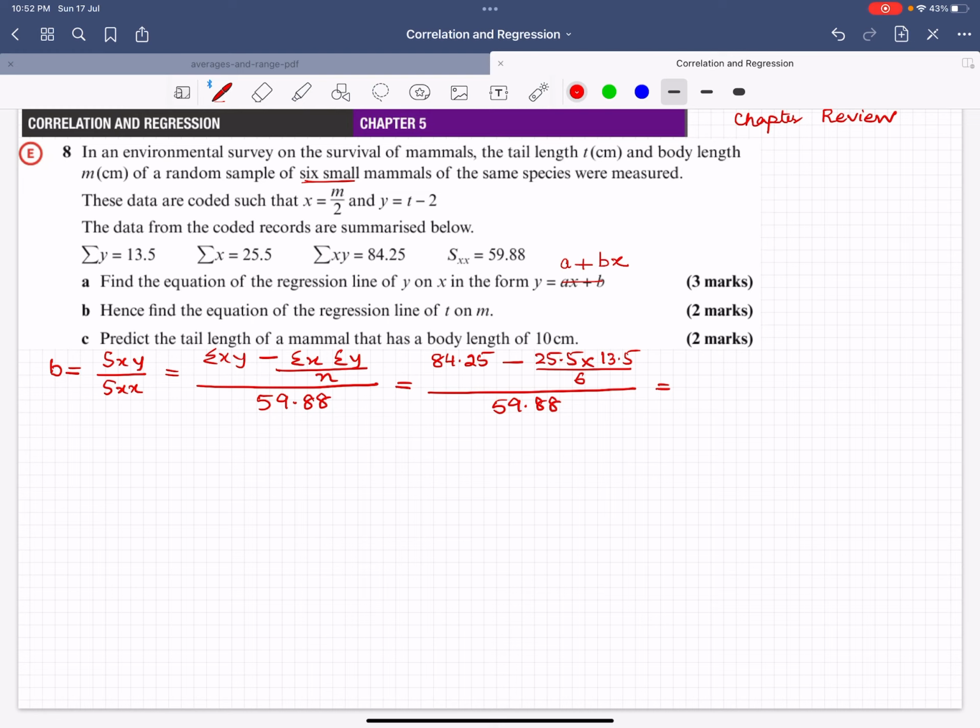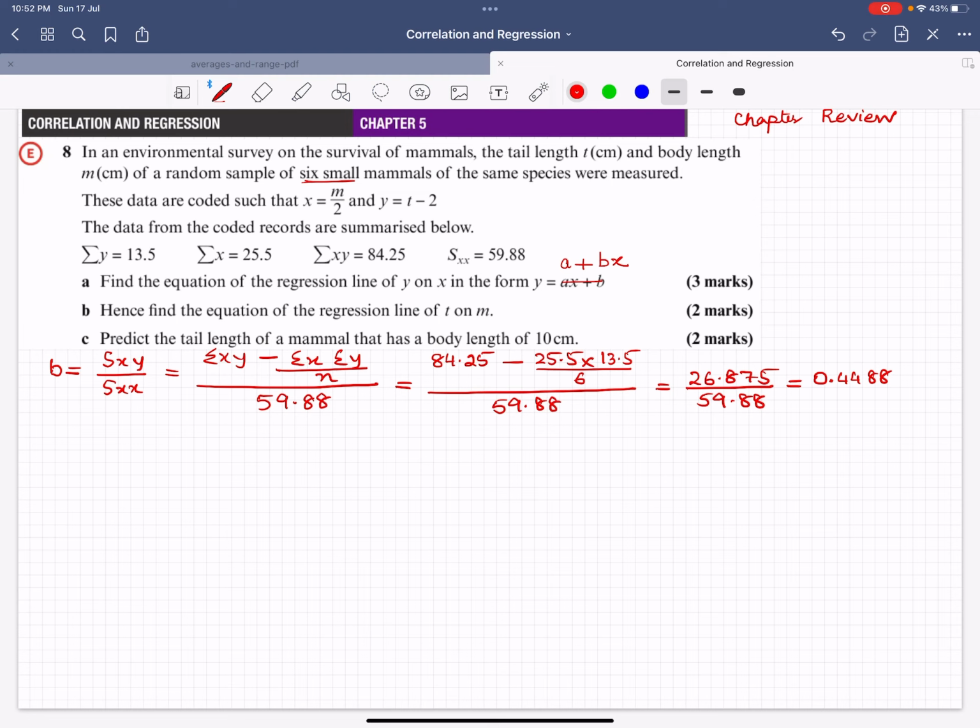When we work it out, the numerator gives us 26.875, divided by 59.88, and that gives us 0.4488. So we have worked out the value of b.